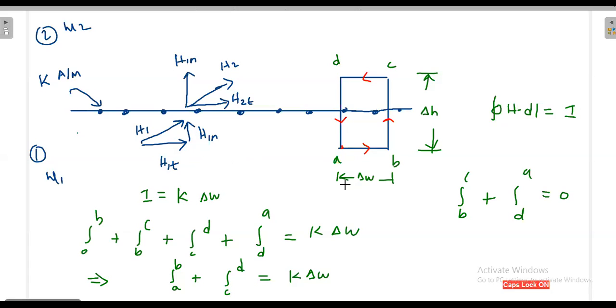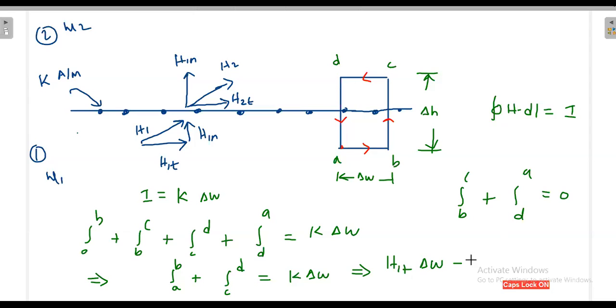What is the length you are traveling? Del w. So if you compute the a to b integral, you get H1t del w. Similarly, from c to d, you are going c to d, but the tangential component of the magnetic field is going from d to c, in the opposite way.